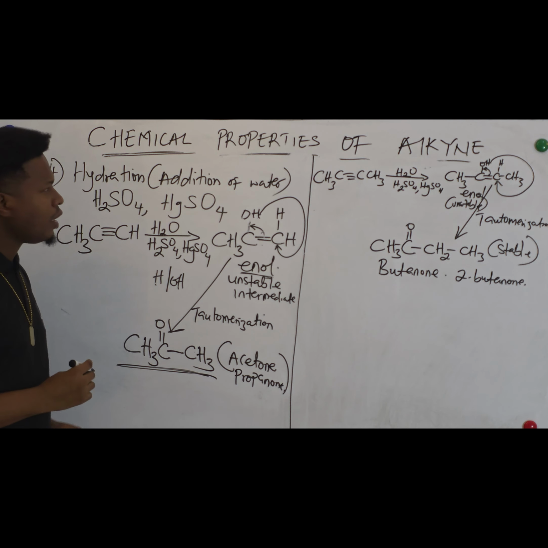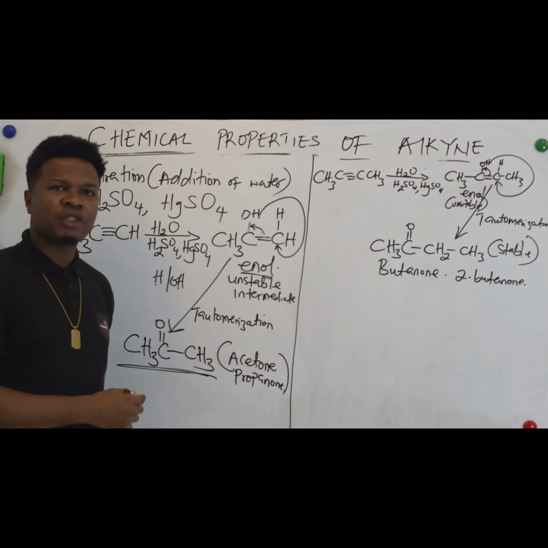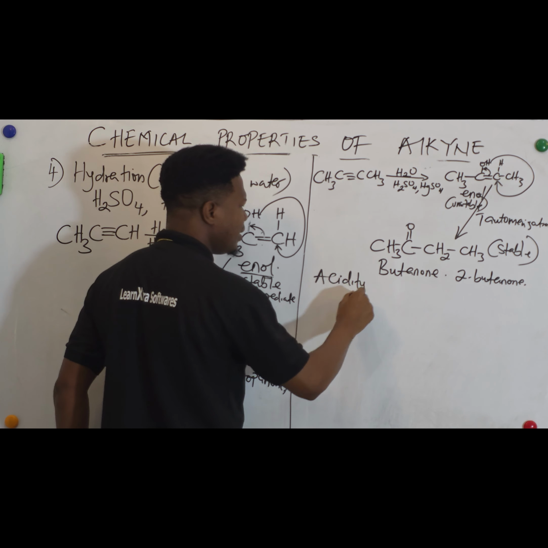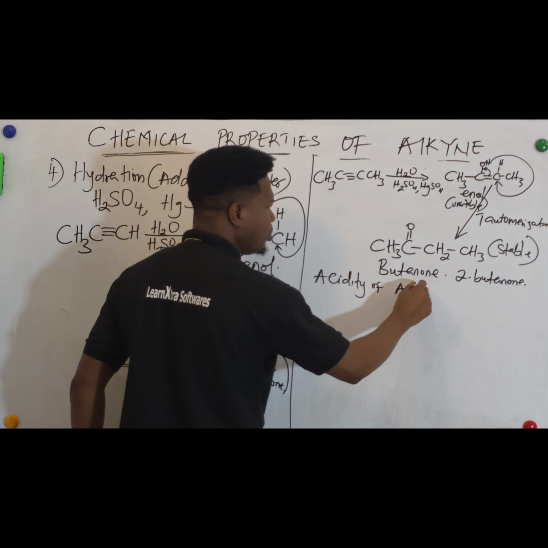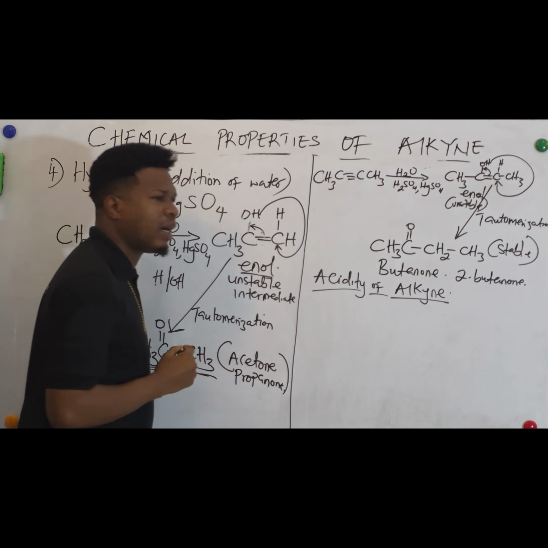Now, before we look at the next reaction, let's also look at the acidity of alkynes, because the next reaction is important and we need to understand the acidity of alkynes.